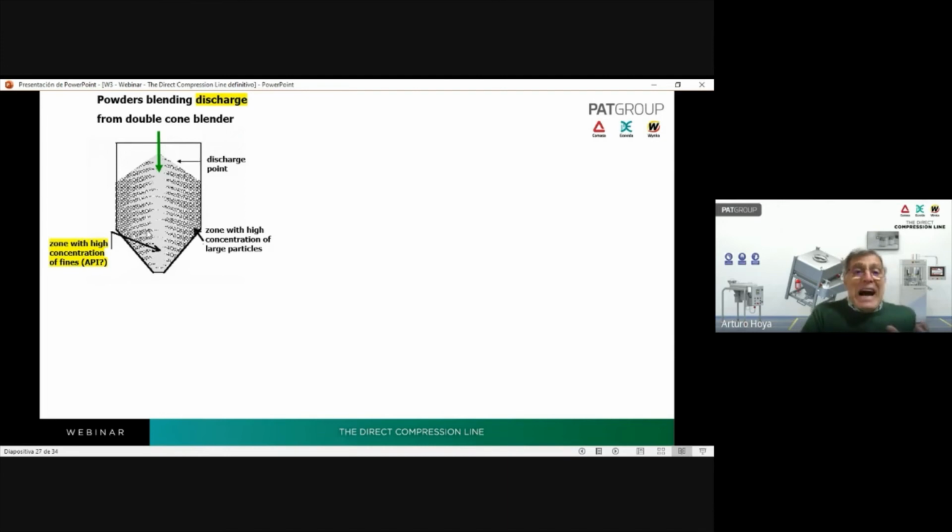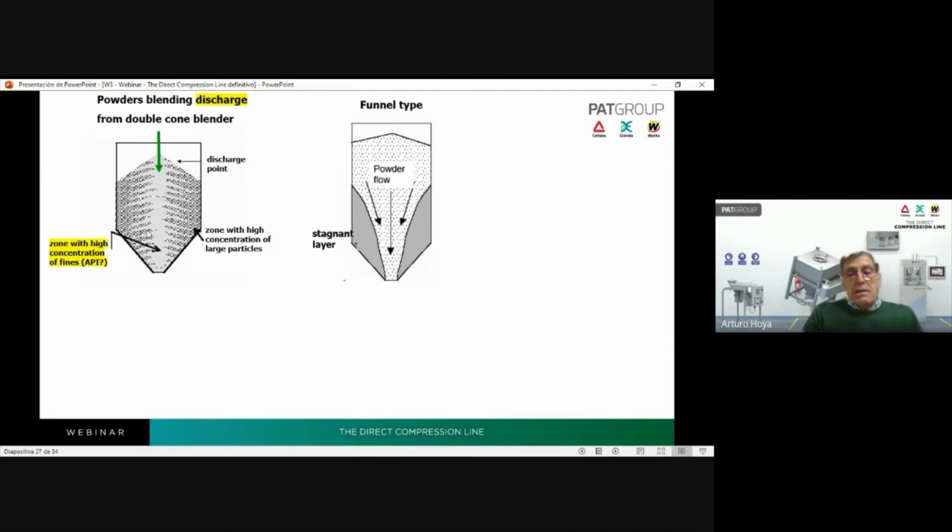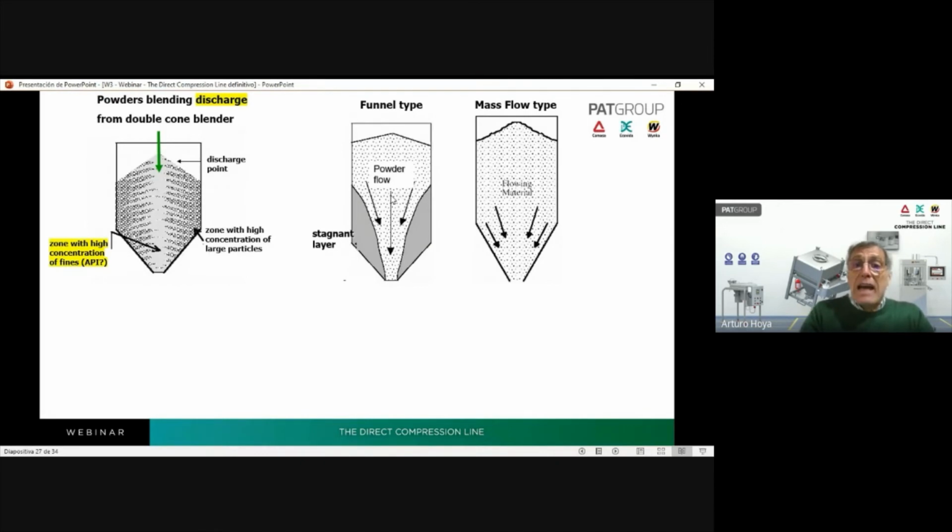Well, after this, we have the funnel type of hopper of the tablet machine. We have two types of powder flow, the funnel type and the mass flow type. In the funnel type hopper, we have a stagnant layer. Here, stagnant, it's static, and the powder flows from this part.